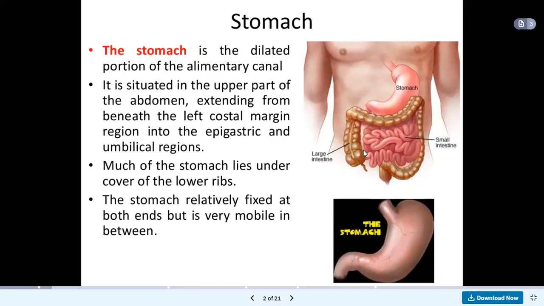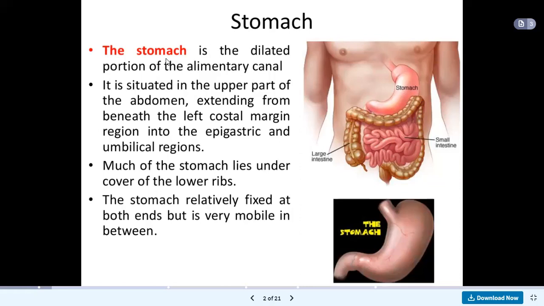Then this is the large intestine: the cecum and appendix, ascending colon, transverse colon, descending colon, sigmoid colon, and then you have the rectum. Now, our emphasis will be on the anatomy of the stomach and the blood supply to the different parts of the stomach.